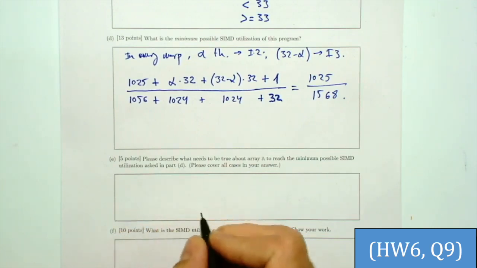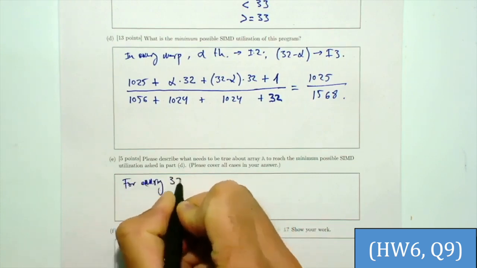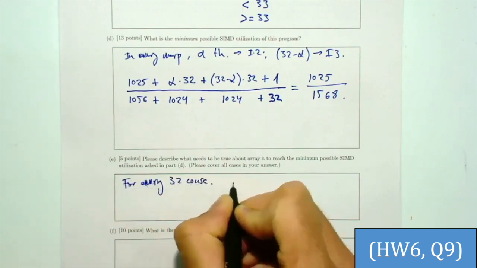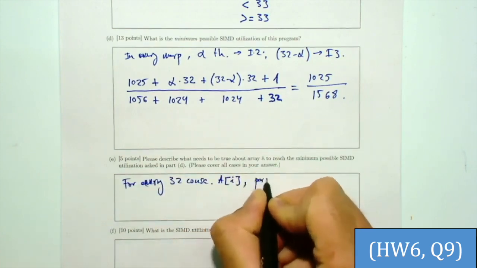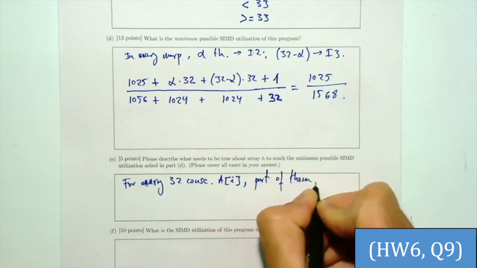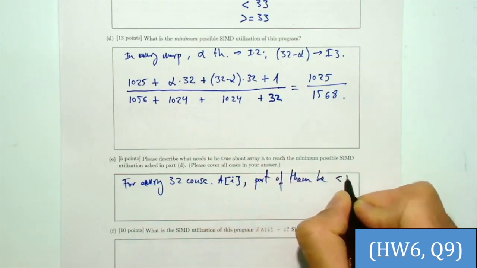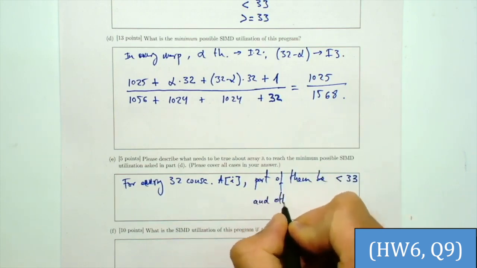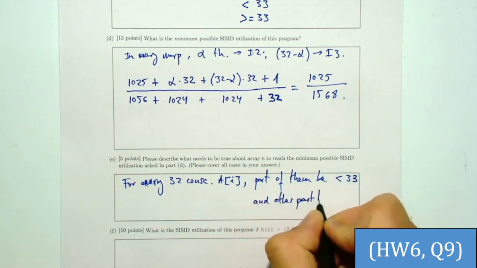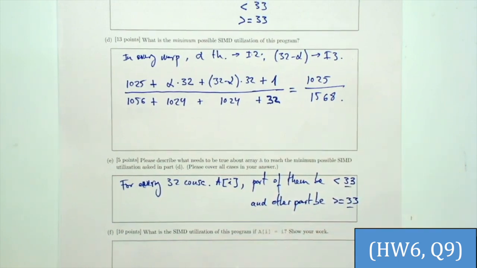So for every 32 consecutive elements of A, we need part of them to be lower than 33, and the other part to be greater or equal to 33.